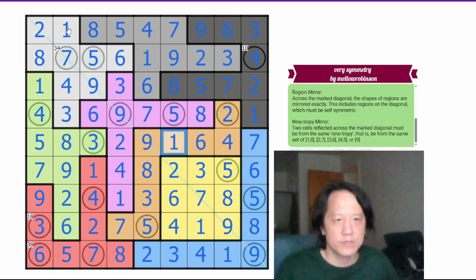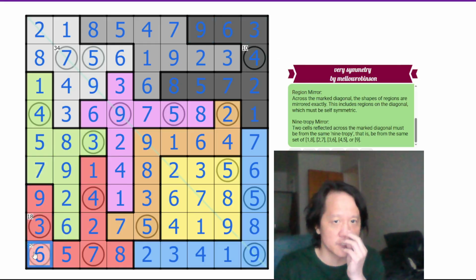1 and 8 are part of the same subset. 1 and 8, so are 4 and 5. Let's continue, row 1, column 9. 4, 5, 7, 7, 9, 9, 6, 3, 3, 6.